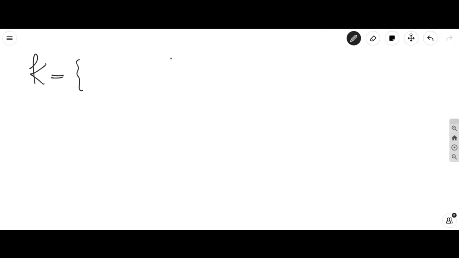So this would just be the complex consisting of ABC, ABD, ACD and BCD. So we have 4 simplices of dimension 2, and of course we're not writing down all of their subsets, but that's understood.